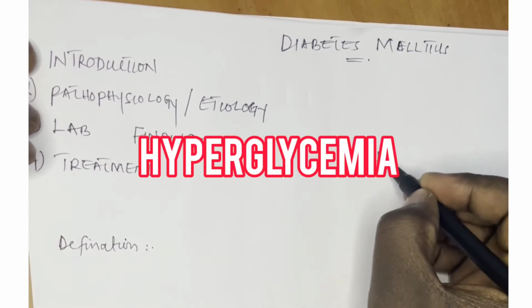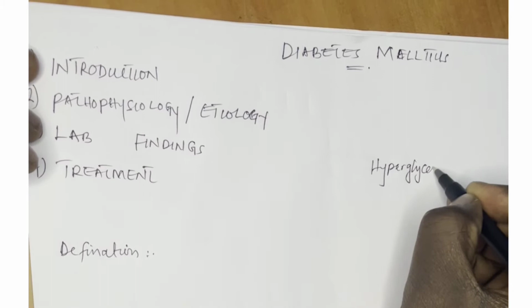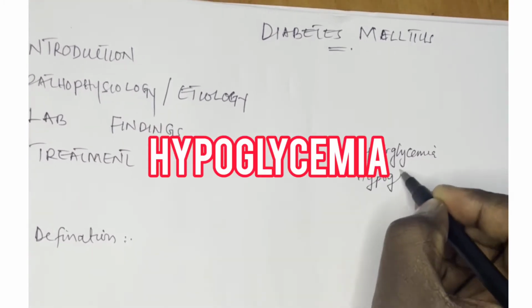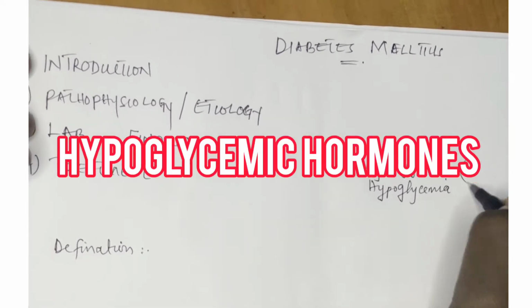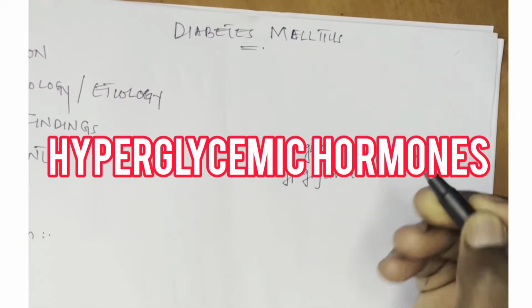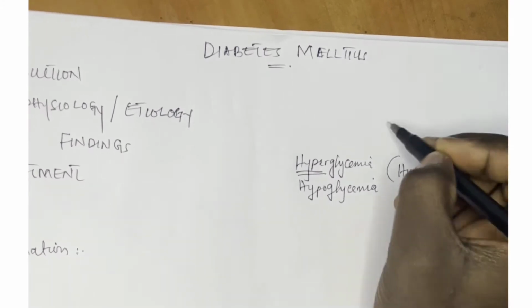Something like hyperglycemia, hypoglycemic hormones and hyperglycemic hormone. When we say the word hyper, it means high.